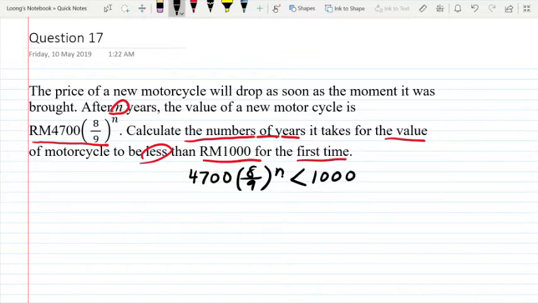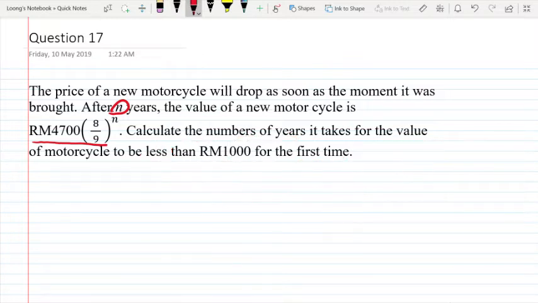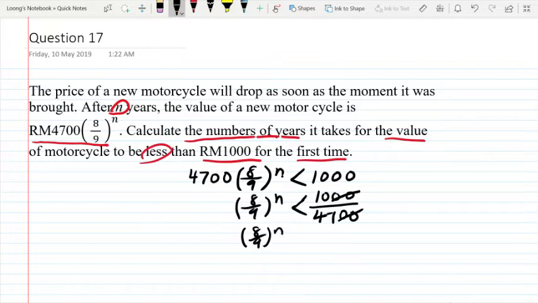And here we need to simplify the equation by dividing 1000 over 700. Given here 10 over 7.